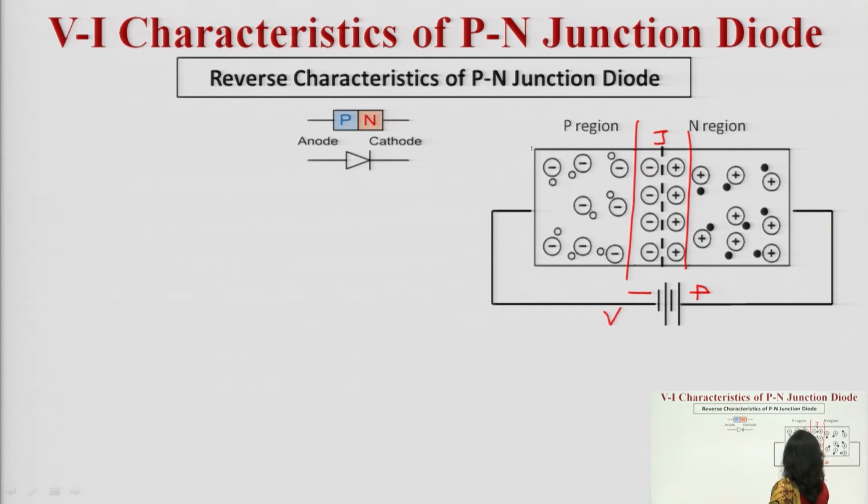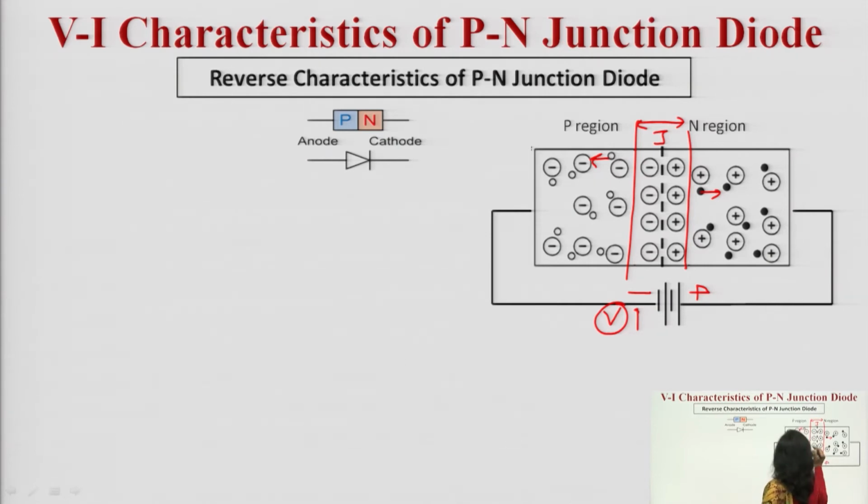Now, what is happening over here? When this voltage V is being increased, holes will be moving away from the junction, electrons will be moving away from the junction. Now, this depletion layer will be increased, right.